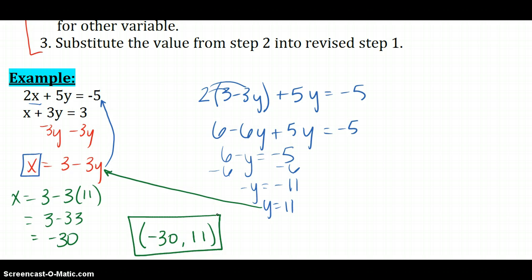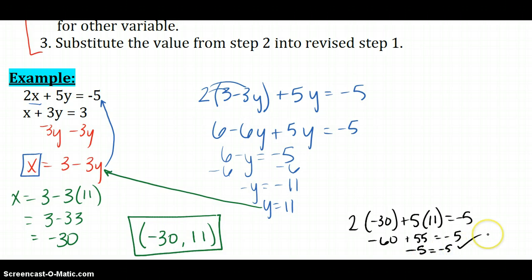If I wanted to check it, I could plug it back into the very original. So if I plugged it in up here, 11 for y, negative 30 for x, that gives me negative 60 plus 55, which is negative 5. So it works. So my answer is correct.